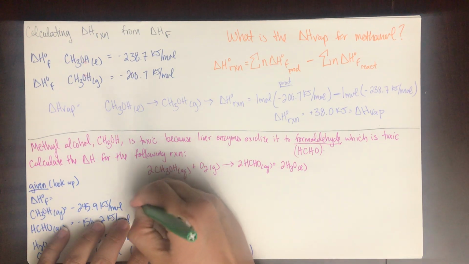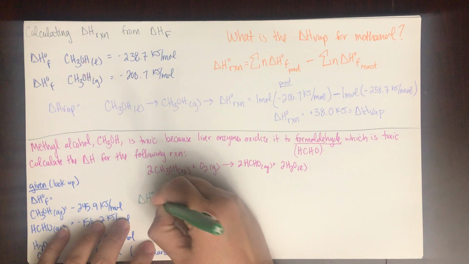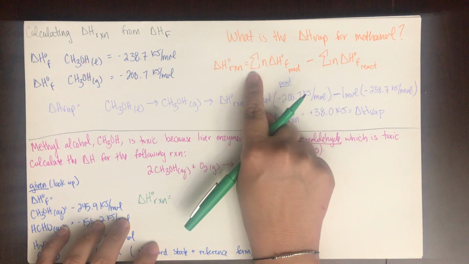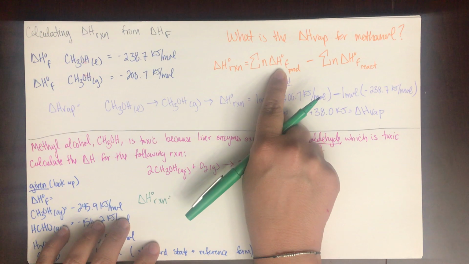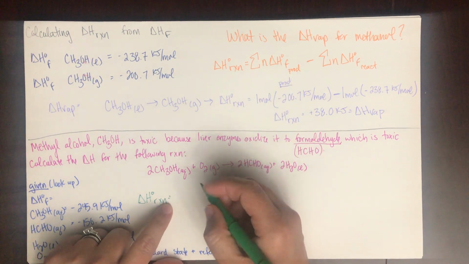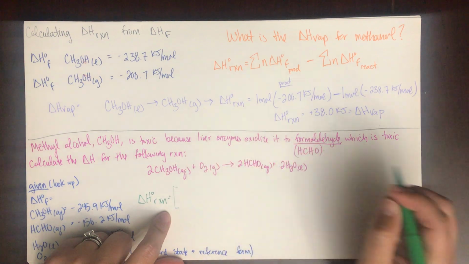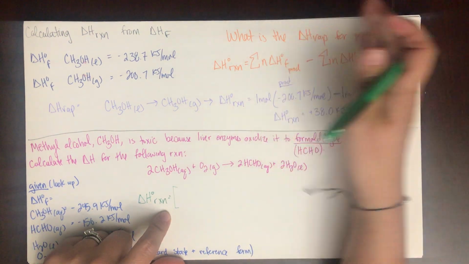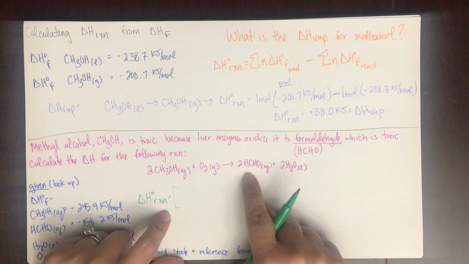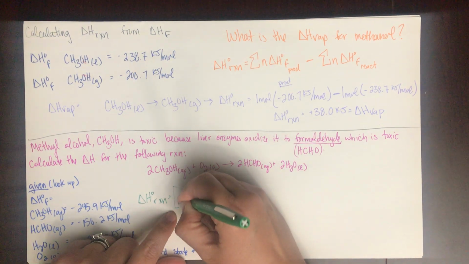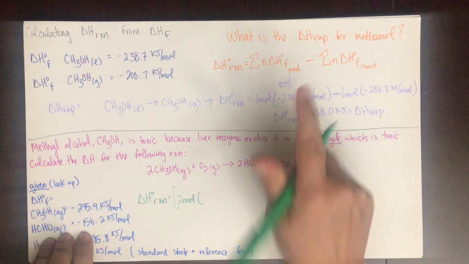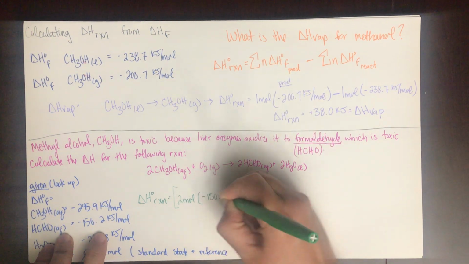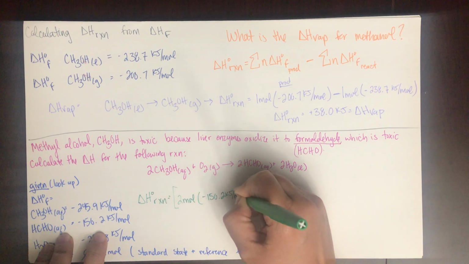So delta H, standard delta H of the reaction is the sum of the number of moles times the standard enthalpy of formation for the products. So I'm going to put big brackets around here to indicate that we're adding these two halves together. So the number of moles of formaldehyde, 2 moles, times the standard enthalpy of formation of formaldehyde, negative 150.2 kilojoules per mole.